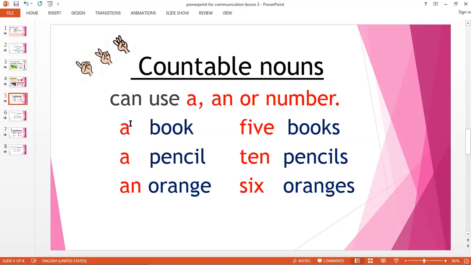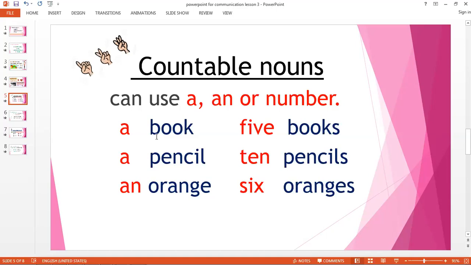Okay, we use the adjective a if the next letter, or maybe the next word after it, starts with a consonant.